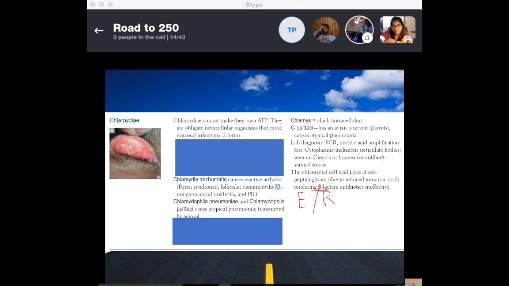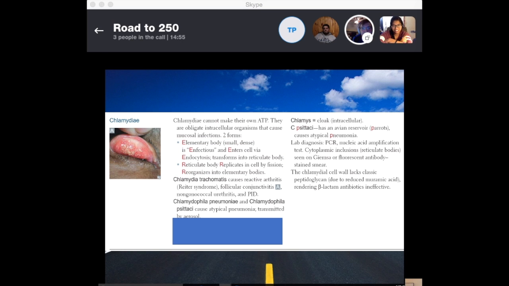Right? It's the E. Just remember the infectious ones are the elementary bodies. So the elementary bodies are the ones that cause the infection. These are the ones that are traveling from cell to cell.